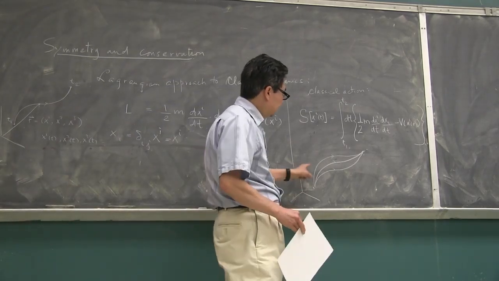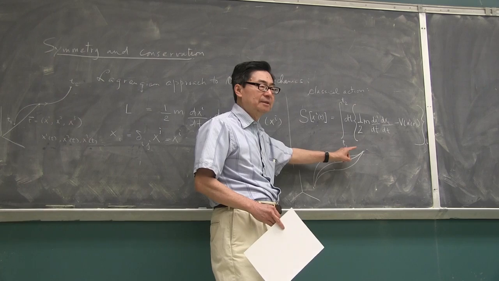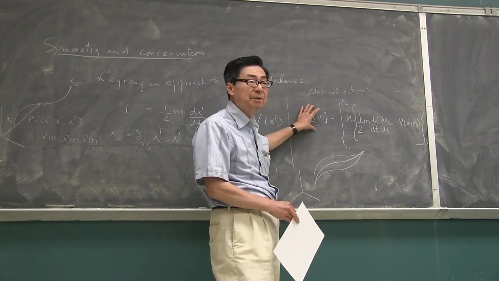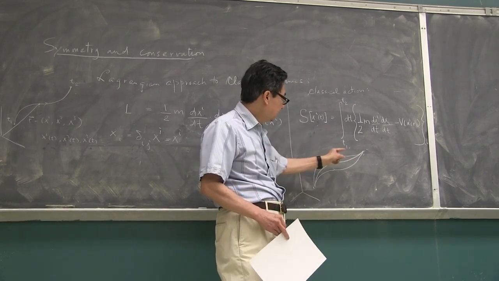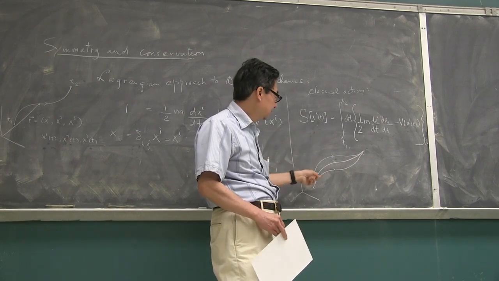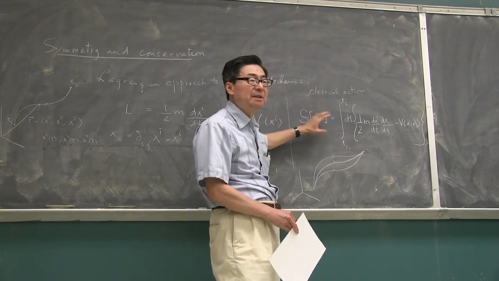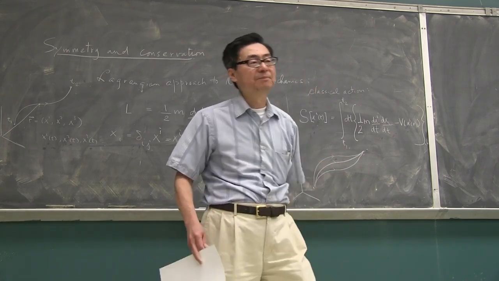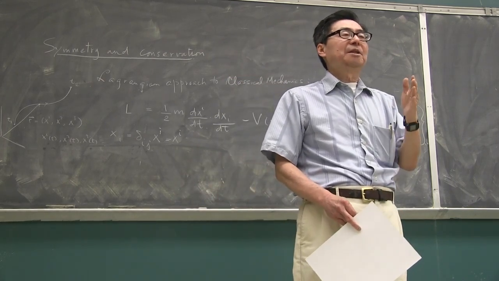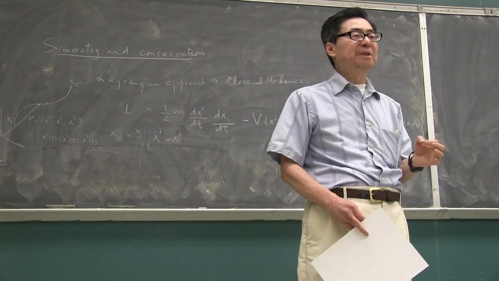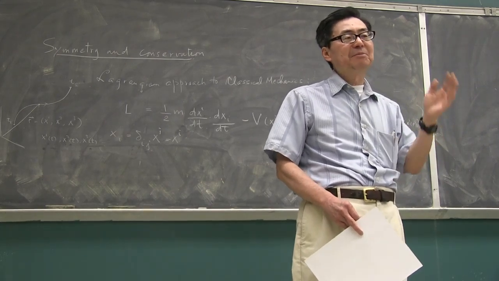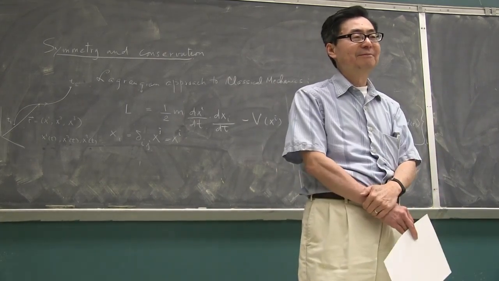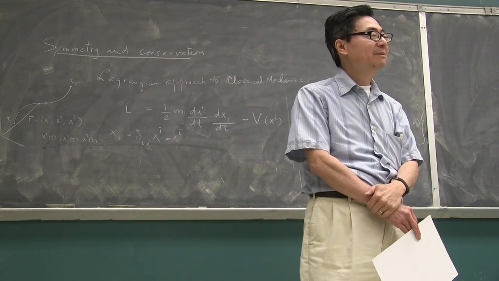Now, given any trajectory, given any path, I can calculate the number. If I take the top path, I come up with a number. I take the middle path, I come up with another number. I take the bottom path, I come up with yet another number in general. Here's a mathematical question. Which of the paths is going to give me locally either a maximum number or a minimum number? Shortest.